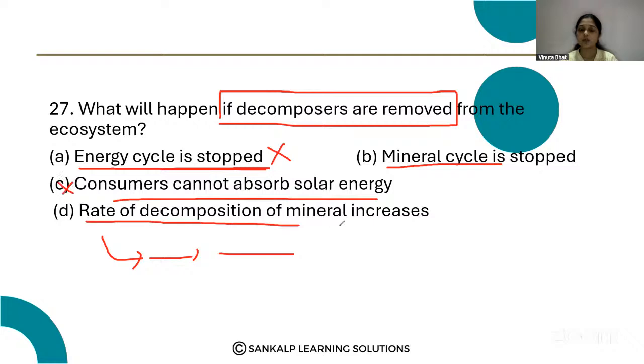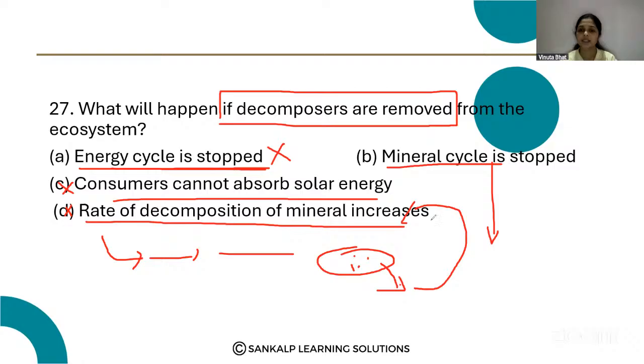Rate of decomposition of mineral increases. No, that does not increase. The correct option is mineral cycle is stopped. How? When the organisms die, the organic matter from their body, because of the decomposers, enters into the soil, then from the soil again it enters into the organism's body through the food and other processes.